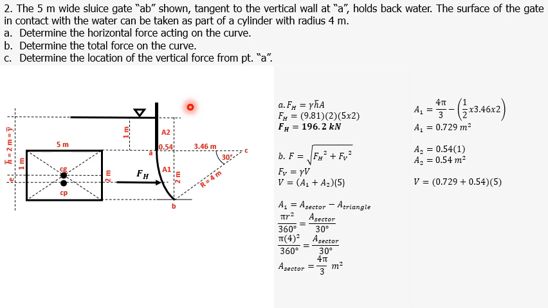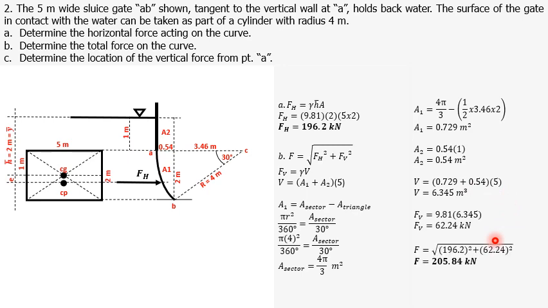So area 2 is equal to 0.54 square meters. We now solve for the volume by substituting the values of area 1 and area 2. And that is equal to 6.345 cubic meters. Now we can solve for FV, which is equal to gamma, which is 9.81, times the volume previously computed. So FV is equal to 62.24 kilonewtons.